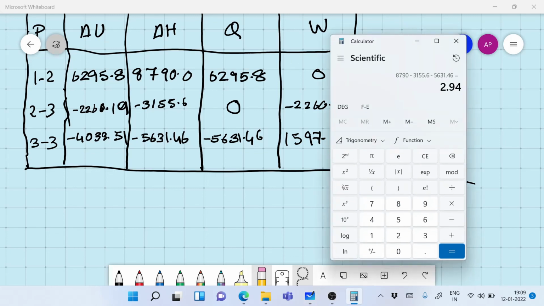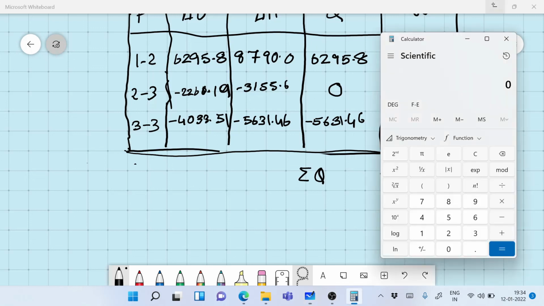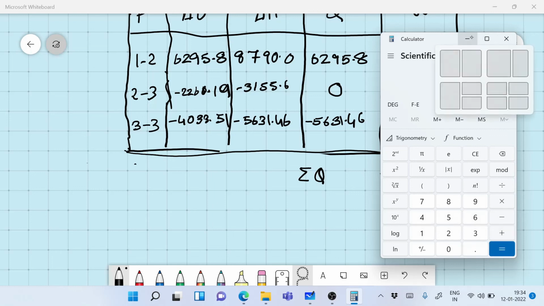Also, it is a good idea to calculate the summation of heat and the summation of work. For a cyclic process, summation of Q should be equal to summation of W. Now let's check that. 6295.8 minus 5631.46. So that makes it 664.34.